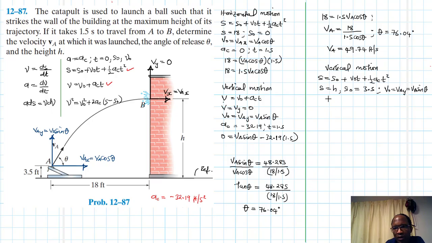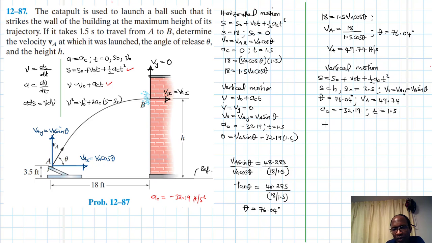Okay, and of course theta, we already calculated it, is 76.04, and then VA, we calculated it already, is 49.74. What else? Then we have AC, which is just equal to minus 32.19, and we do have T equal to 1.5.